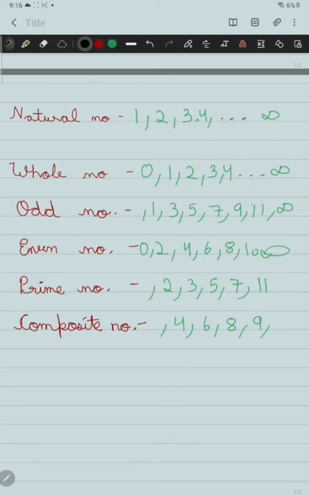I would try my best to help you understand integers with an example with the help of a number line. Suppose this is a line, it has a center point and some points at this side and some points at this side.